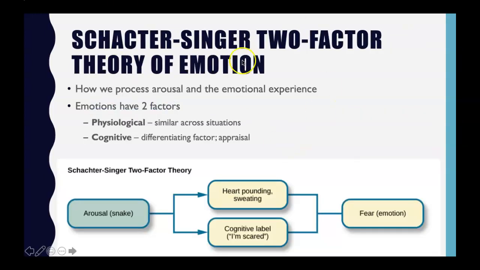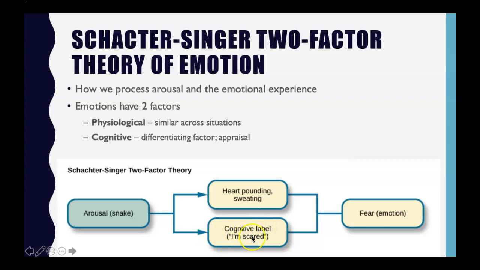Now, we have two more theories of emotion to look at. The Schachter-Singer two-factor theory of emotion looks at our physiological responses and how we cognitively assess the situation. We apply a label. This is kind of the first time where we see a conscious cognitive component, because the other ones were very unconscious, automatic, implicit, right?